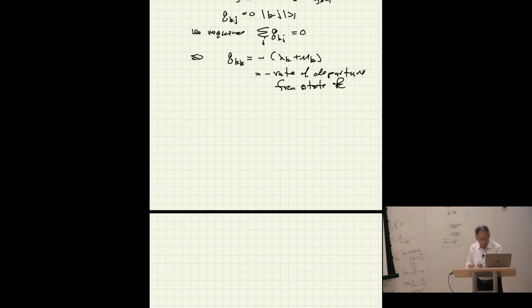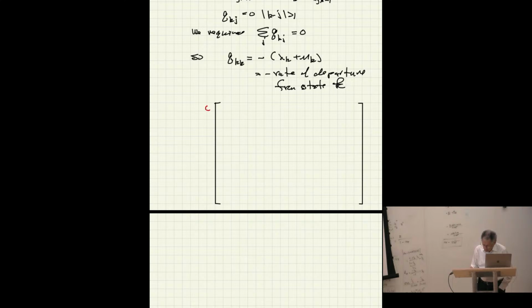So let's draw the Q matrix. I want to label the rows and columns. I'll do that in red just to distinguish them.